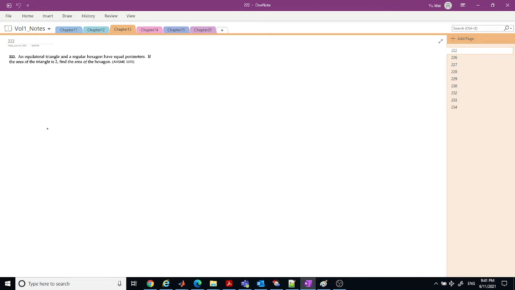It mentions an equilateral triangle and a regular hexagon that have equal perimeter. If the area of the triangle is 2, and the triangle's side is A, then the hexagon's side is A over 2.